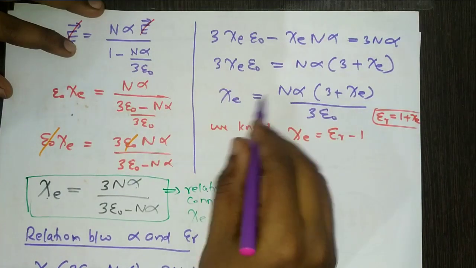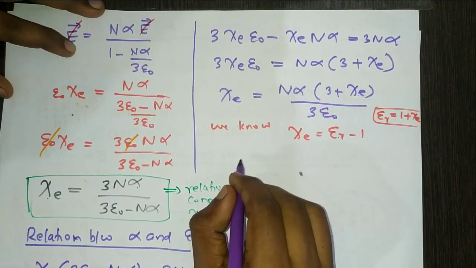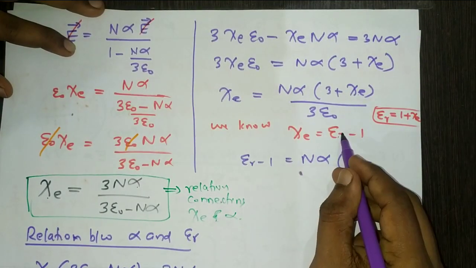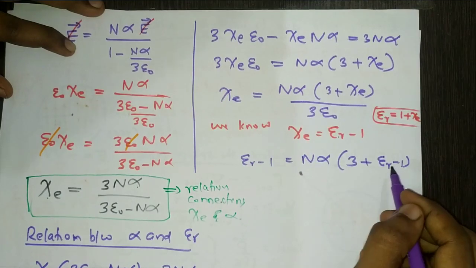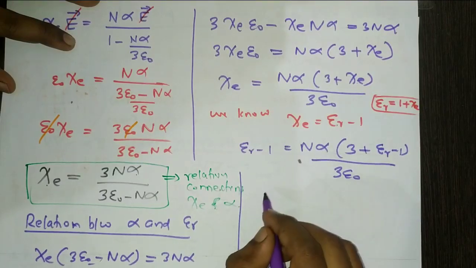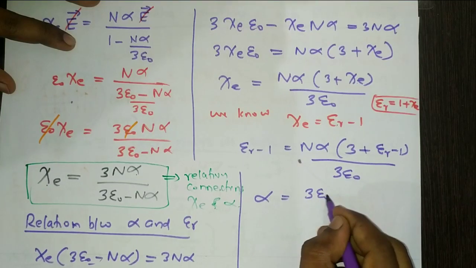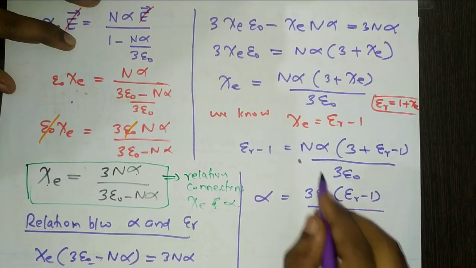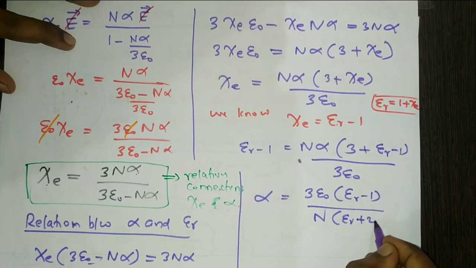If I substitute this relation here and also here, that is chi E replaced by epsilon r minus 1, it is equal to N alpha, 3 plus, instead of chi E, substitute epsilon r minus 1, divided by 3 epsilon 0. If I take this alpha, keep it here and bring all other terms here, this will be 3 epsilon 0 into epsilon r minus 1 divided by N, times 3 minus 1, 2. Therefore, this will be epsilon r plus 2.